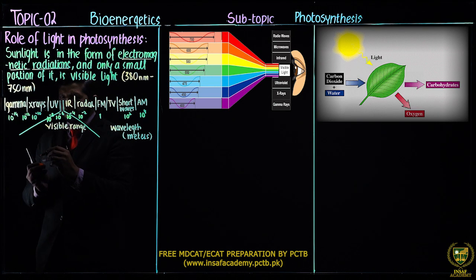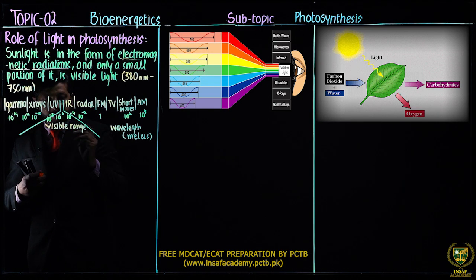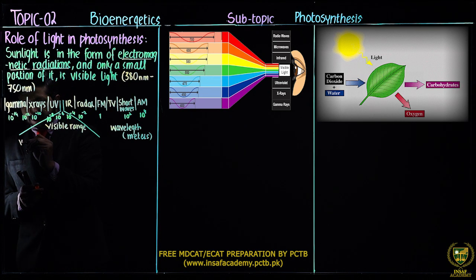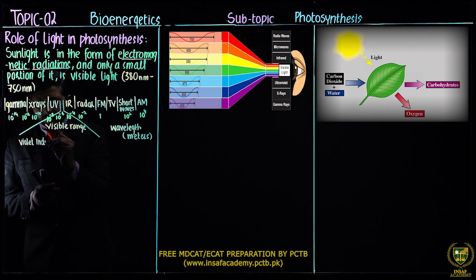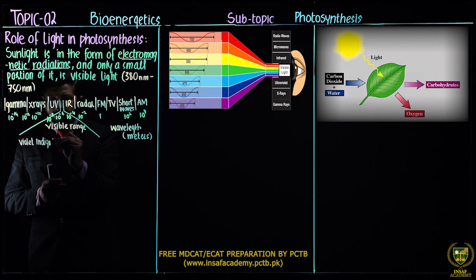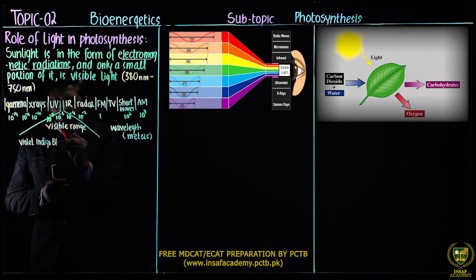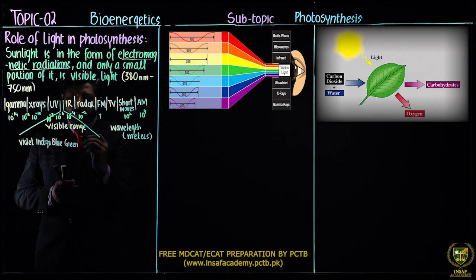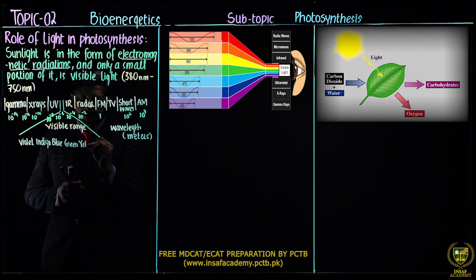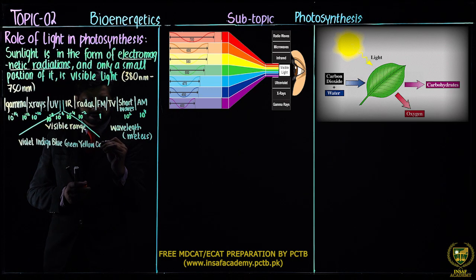Clear? So the portion starts with violet, indigo, blue, green, yellow, orange, and red.